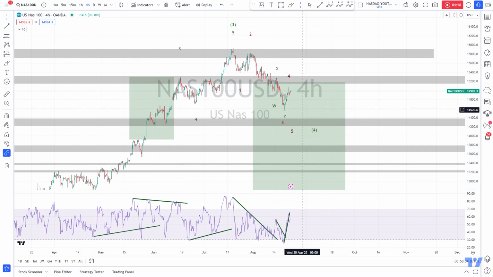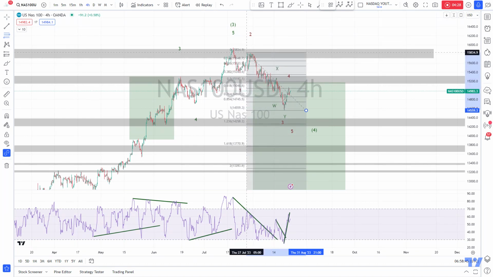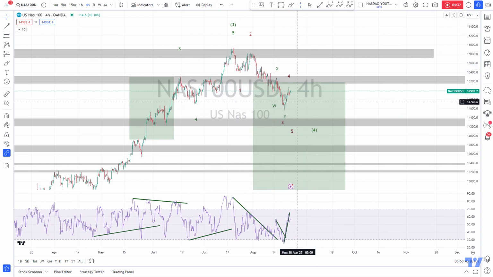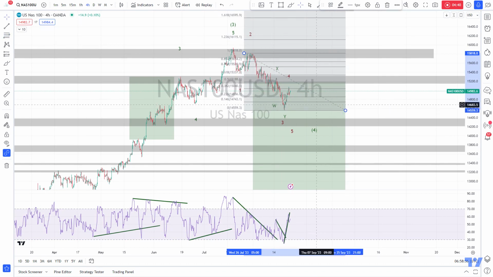But in order for this to be a wave 4, we should start to turn down. I'm sorry, we have to do it like this, of course, here, because we still have some space for a bit more upside here in the wave 4.